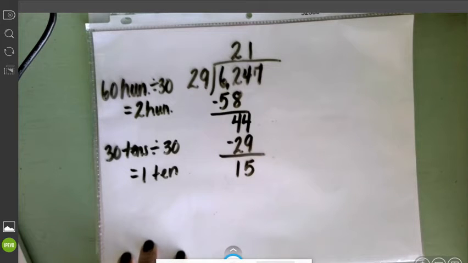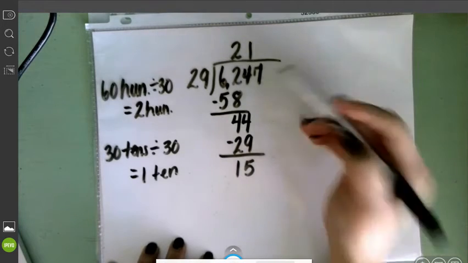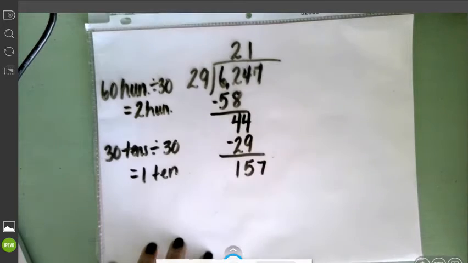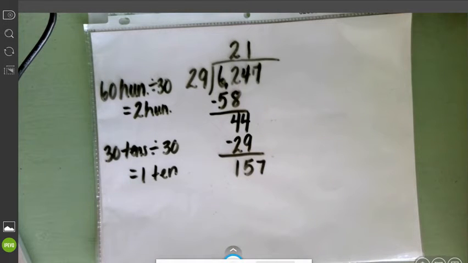Or must we decompose? You're right. We're going to have to decompose here, right? We're going to have to decompose these 15 tens into 150 ones and add the 7 ones that are already in our original number. So now we have to estimate how we're going to divide 157 ones divided by 29.